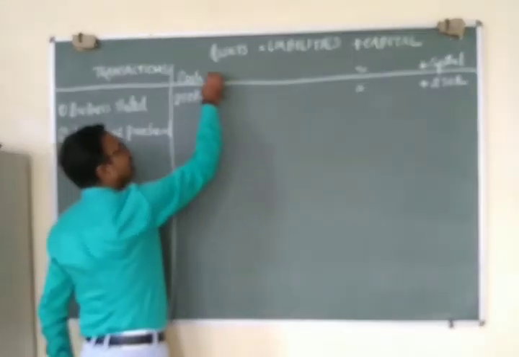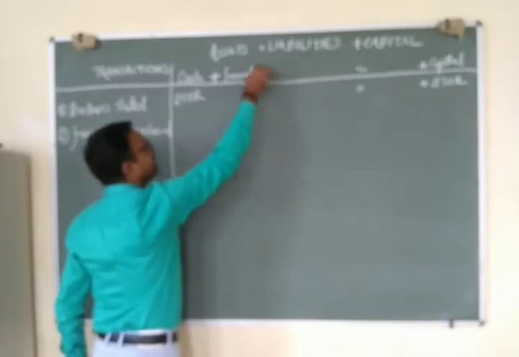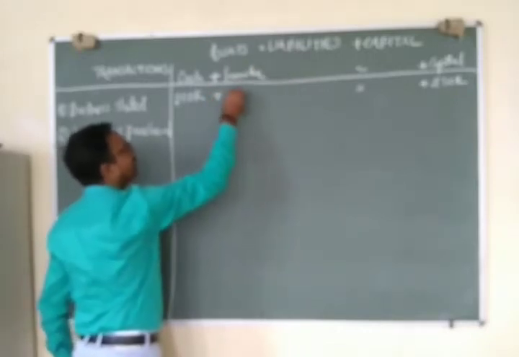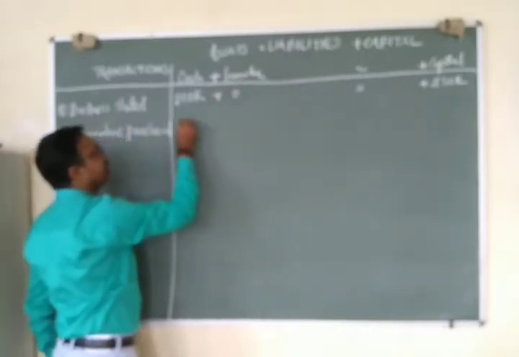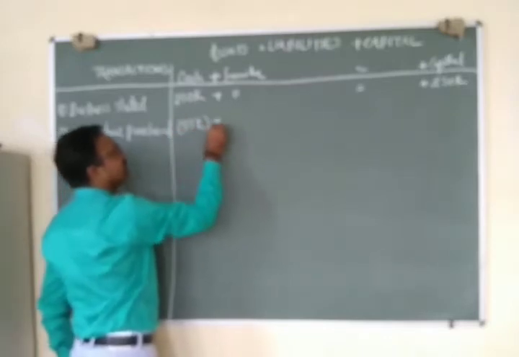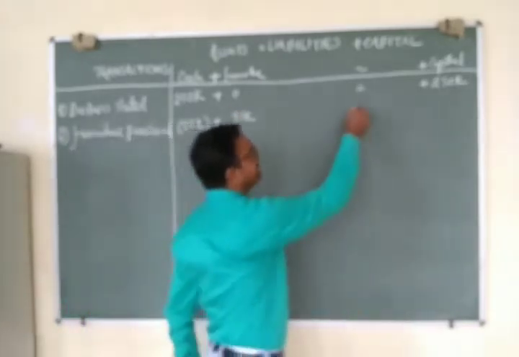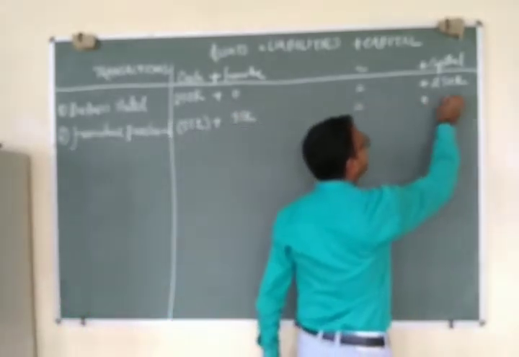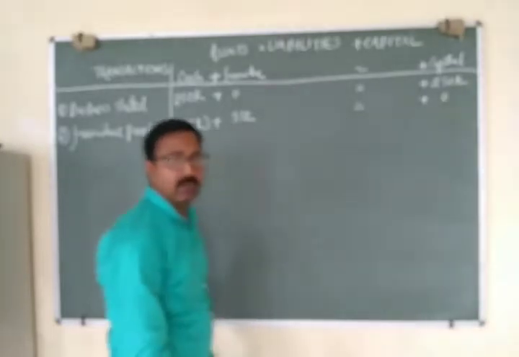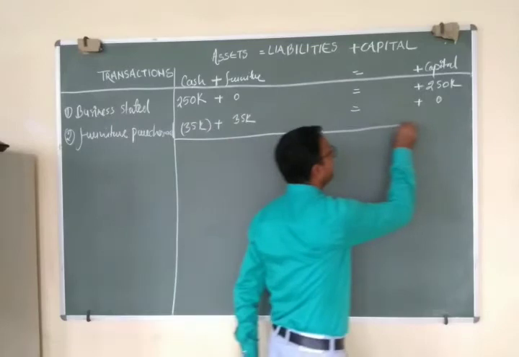So we have to add furniture as a new item, and it will be 35,000. So our cash will decrease by 35,000, but our furniture will increase by 35,000, and there is no effect on the capital. Okay, so after two transactions, we have to find out our new equation.